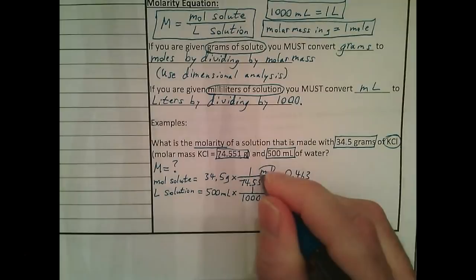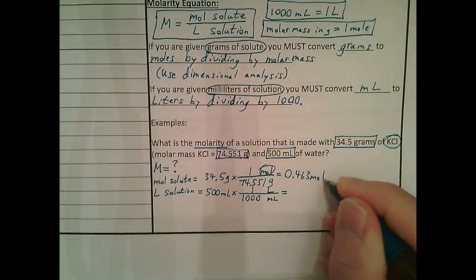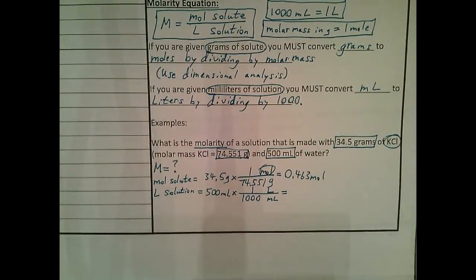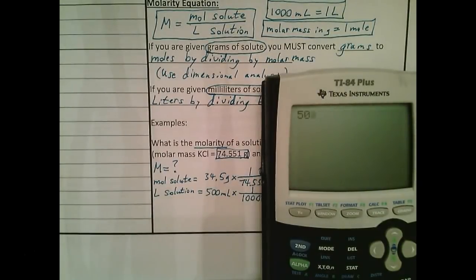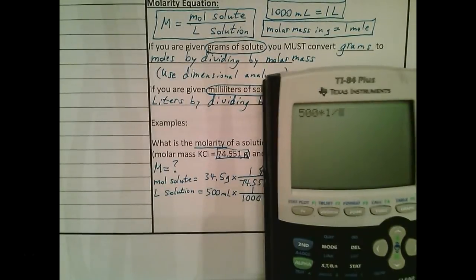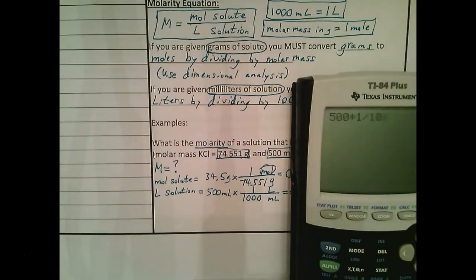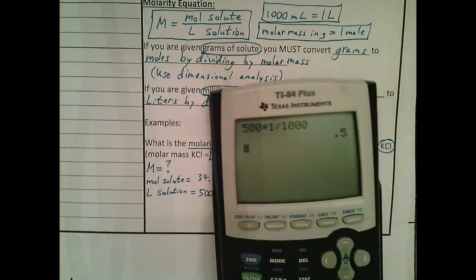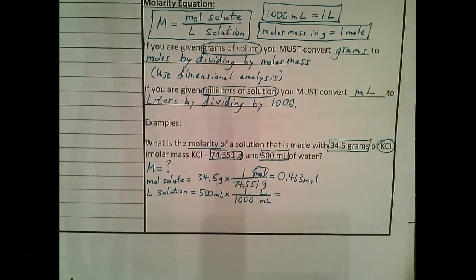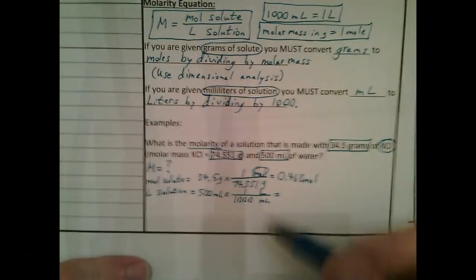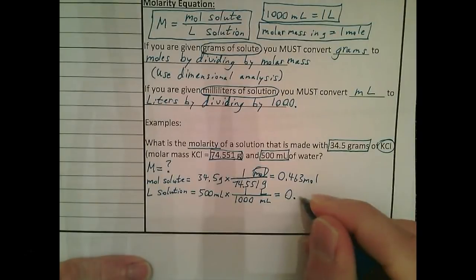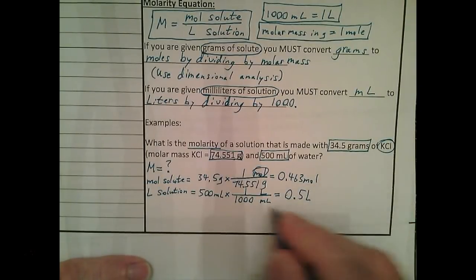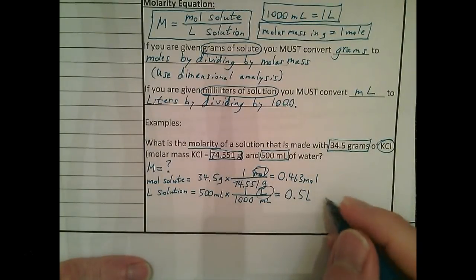And I'm going to use the units that were on the top. Once again, down here we're going to do 500 times 1 over 1,000. The answer I get is 0.5, so I'm going to go ahead and put down 0.5 liters. Again, the units with those.